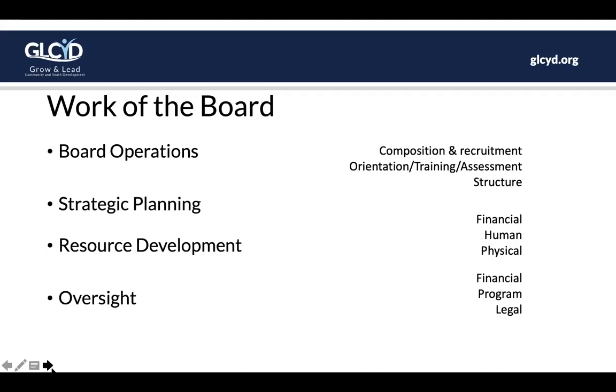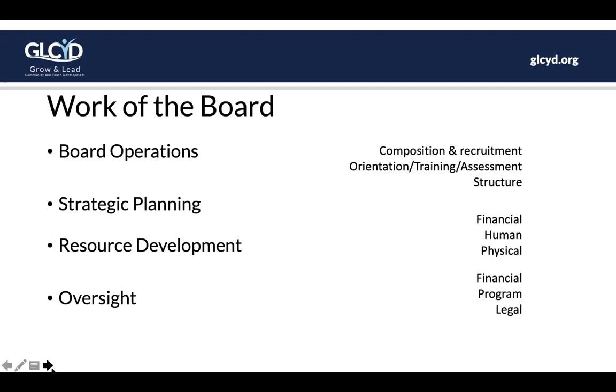And then finally, oversight. Again, financial, program, and legal oversight. So looking at the financial oversight, making sure that the money is there, that it is being used in the way that we said we're going to use it. It's moving the mission forward.